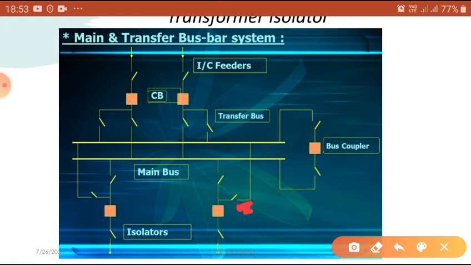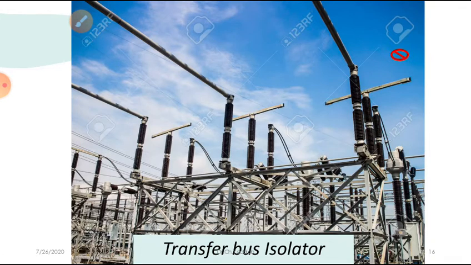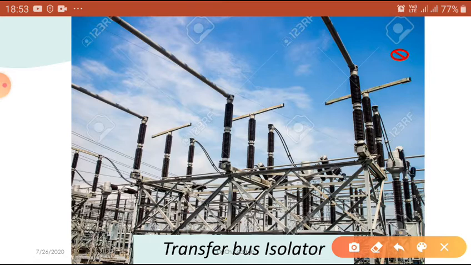You can see in the figure, in a substation, how it is connected. These are the two isolators. Here one common bus is connected, and another bus may be connected on this side, one is a main bus and another is a transfer bus.